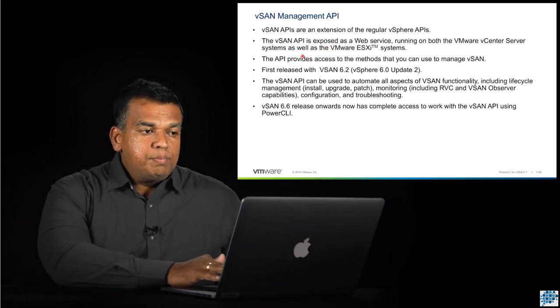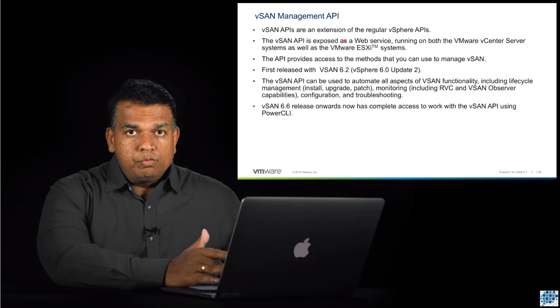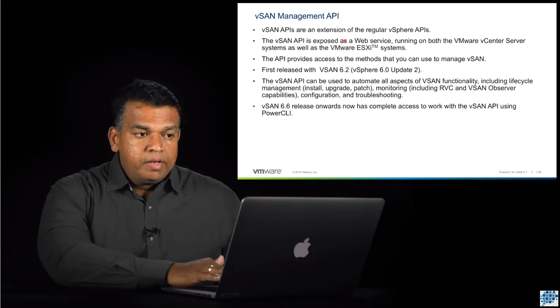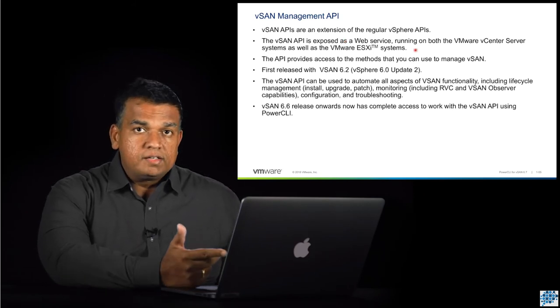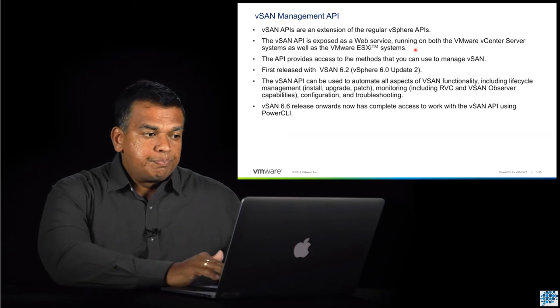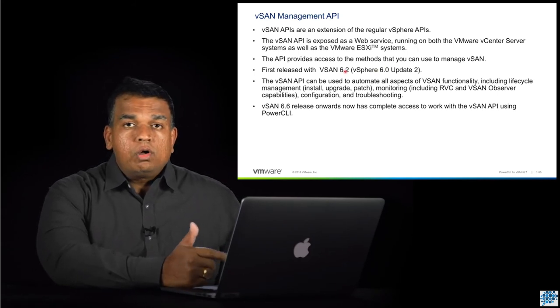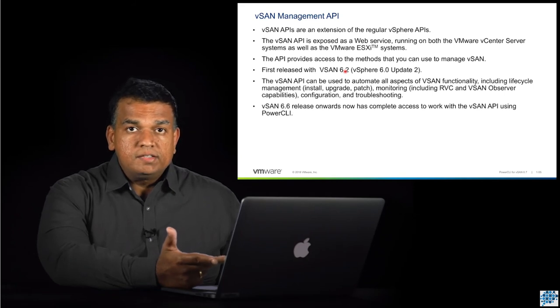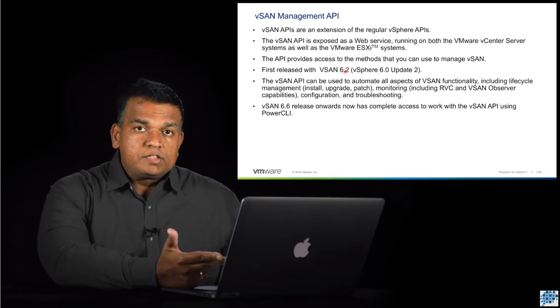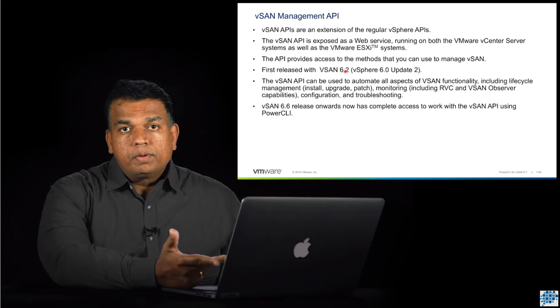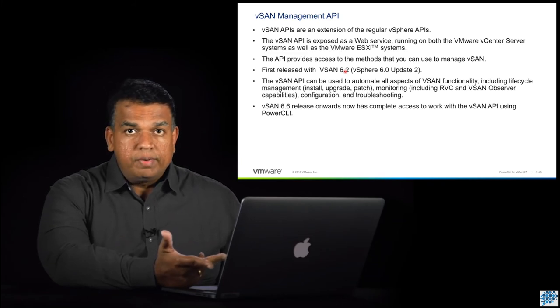The vSAN API is exposed as a web service, as expected, and it runs both on the vCenter and the ESXi hosts. This API provides you with all kinds of methods and properties with which you can access vSAN or perform various kinds of management operations.